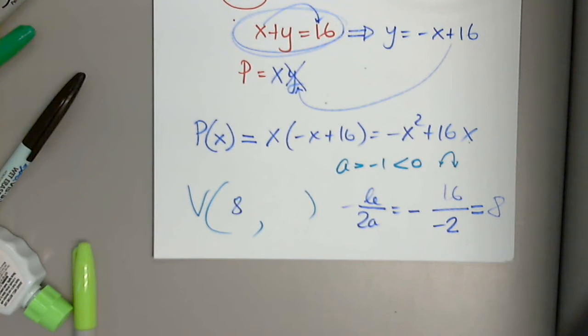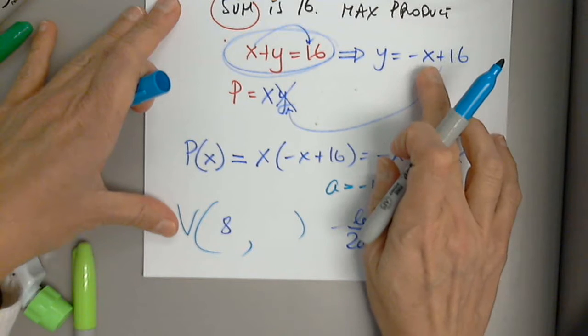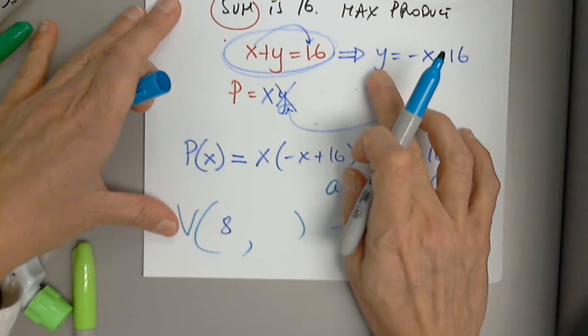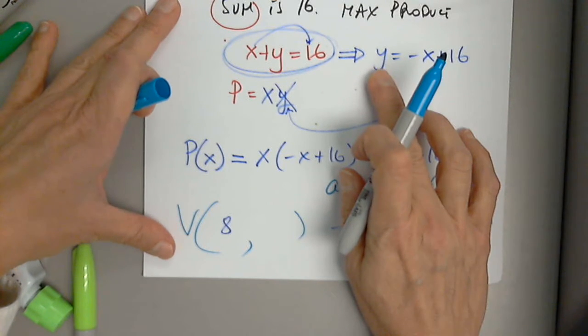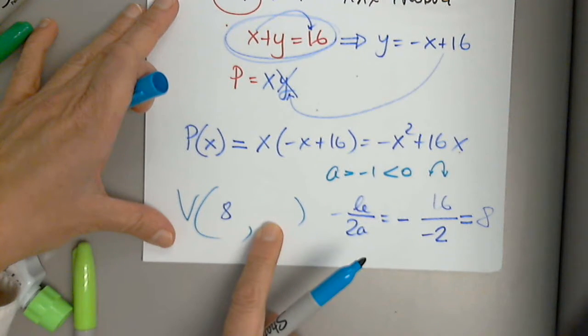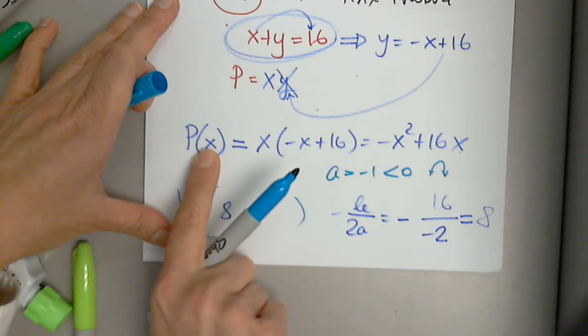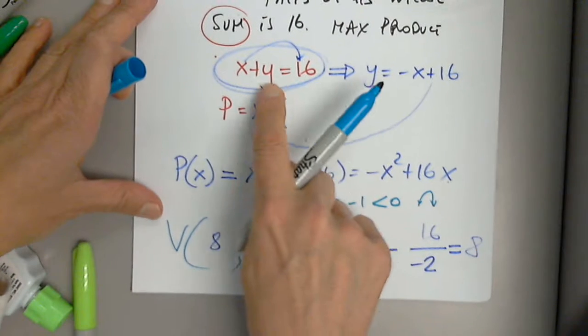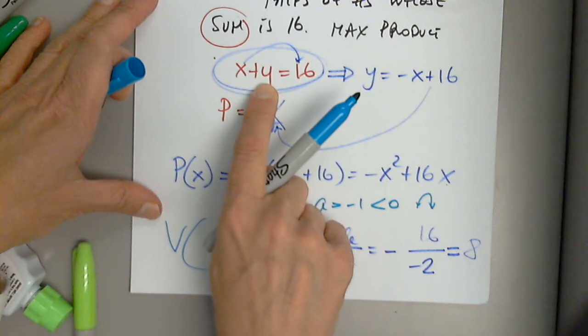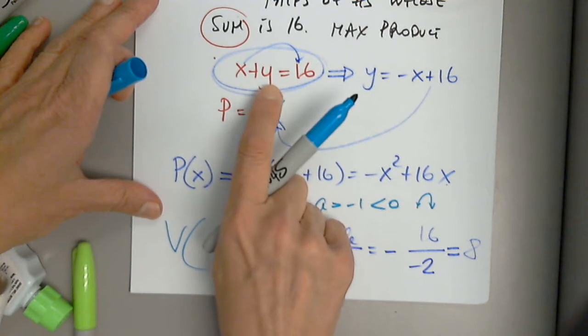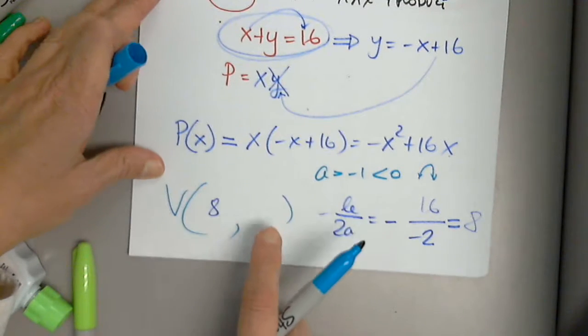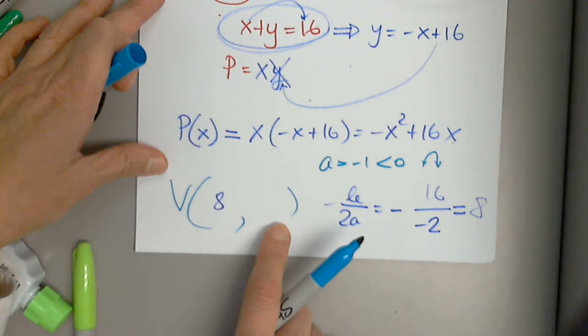So let's come back here for a moment. If x is 8, how much is y? 8 indeed. But this is not the y value. This is the maximum product. But this is the y, the second number that we picked. Right? We used y. Not to be confused with the y coordinate of the vertex.